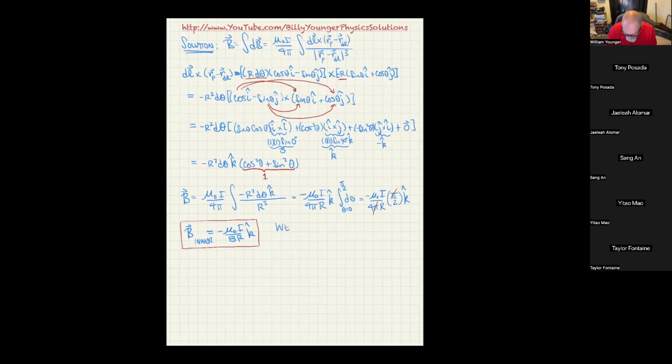We got mu 0 I over 4 pi r times the angle times the direction vector. So the direction vector that we worked out turned out in this case to just be negative k hat. The theta that we worked out was pi over 2. So that's a ramification of what we just did.